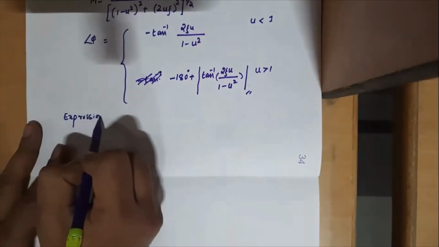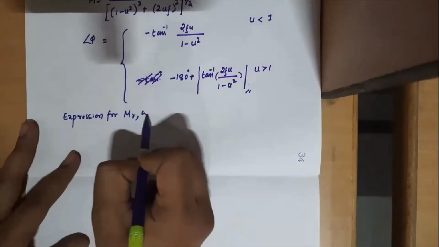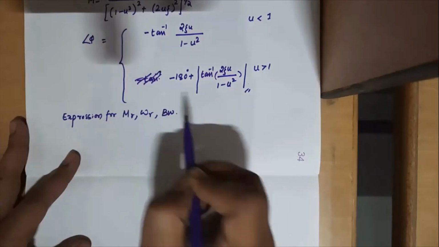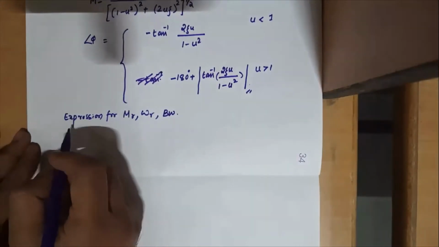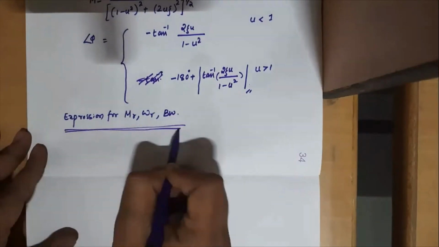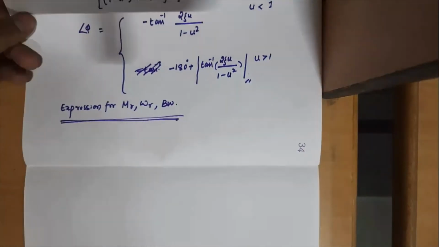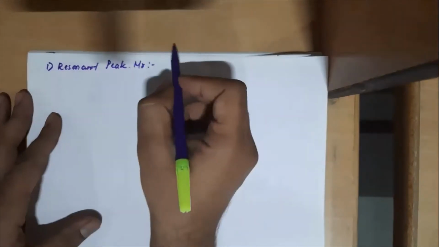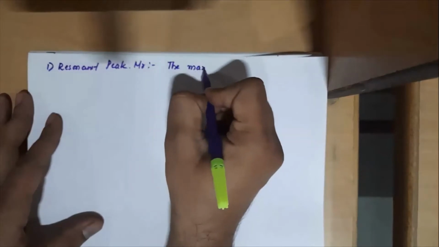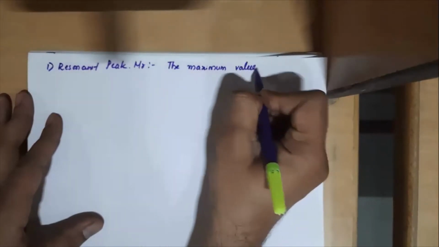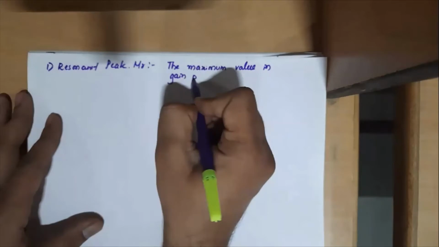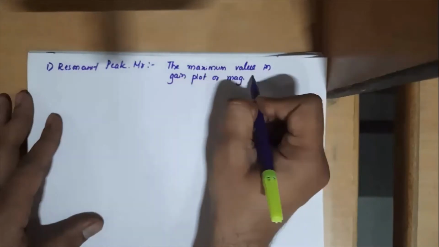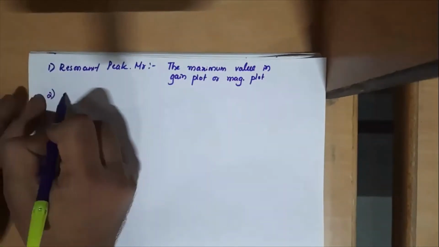So now let us derive the expression for Mr, omega r, and bandwidth BW. So first is resonant peak Mr. The definition is, of course, the maximum value of the gain, or maximum value in the gain plot or magnitude plot.